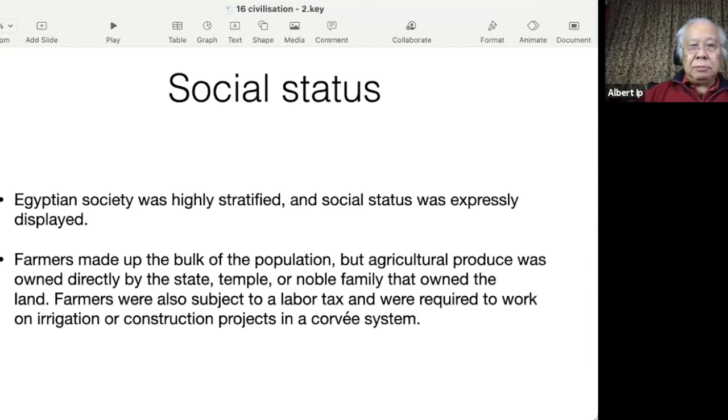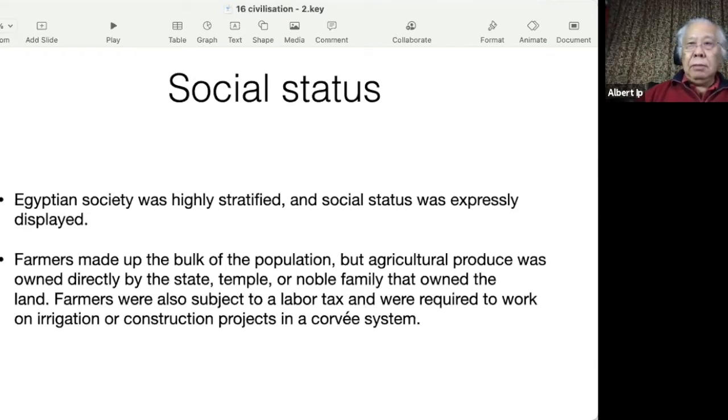Farmers were also subject to labor tax and were required to work on irrigation and construction projects, etc. So again, I think at the start of our human civilization, slaves and laborers seem to be a common factor as well.